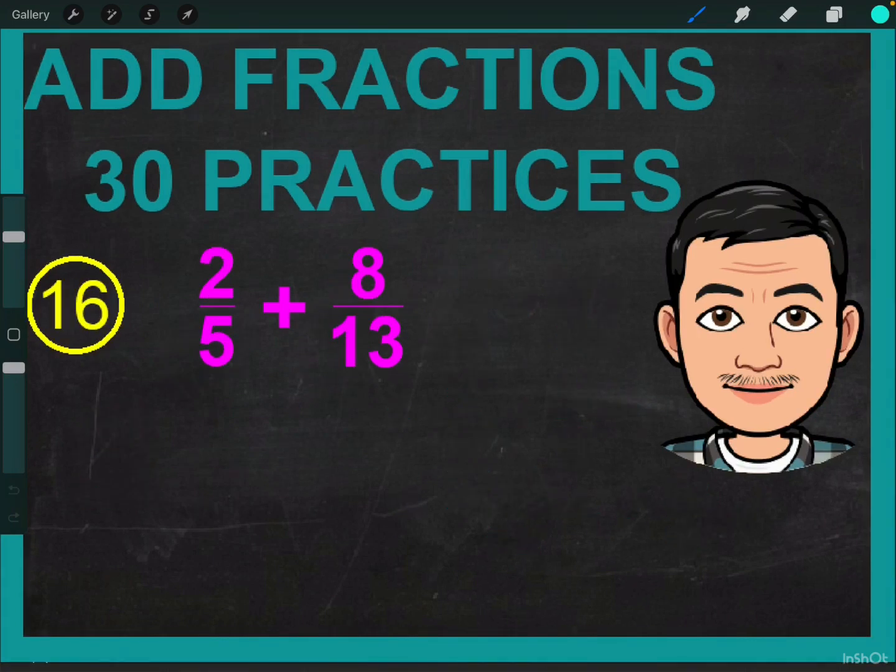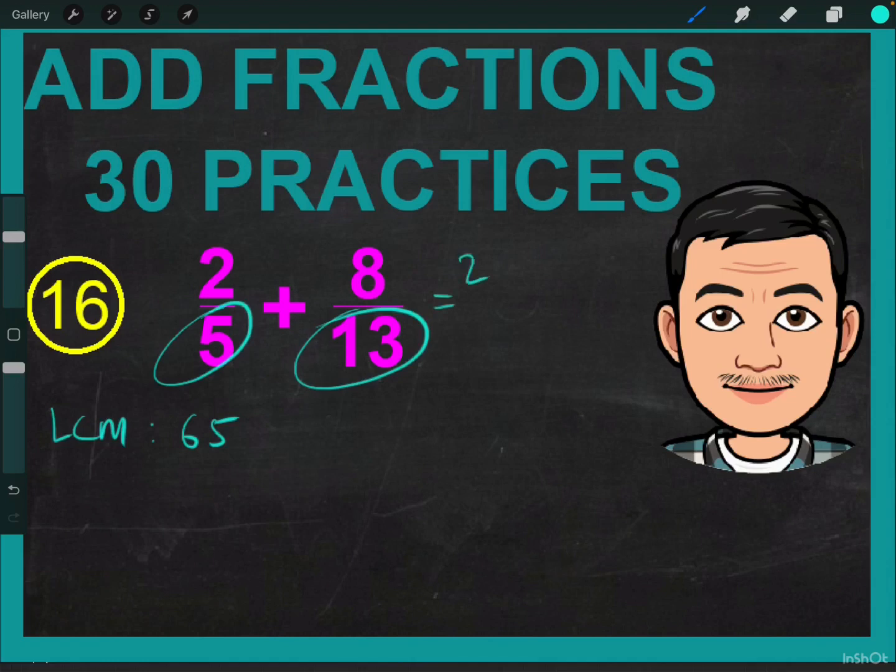Practice number 16. We have two fractions with different denominators, 5 and 13. And the LCM for 5 and 13 is 65. So we will convert the first fraction into 2 times 13 over 5 times 13.